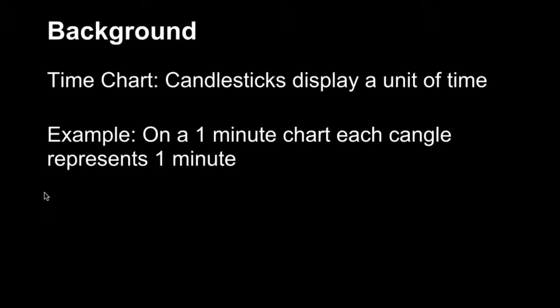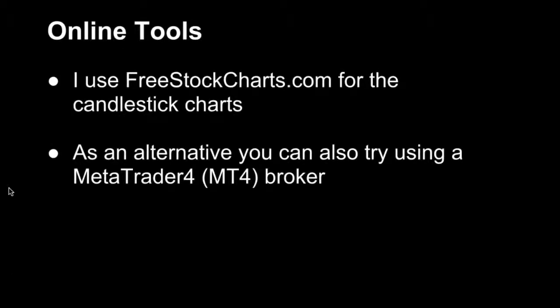You need to be aware of a time chart where this displays candlesticks. Each candlestick displays a unit of time. For example, on a 1 minute chart, each candle represents one minute. And you're going to need some online tools.